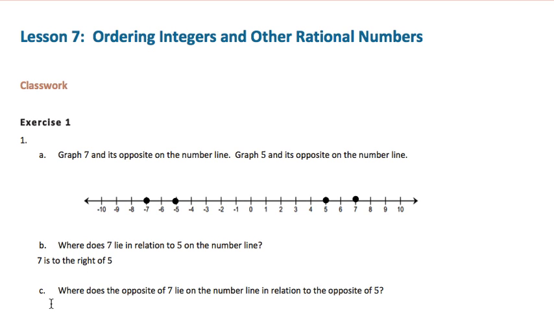Where does the opposite of 7 lie on the number line in relation to the opposite of 5? The opposite of 7, which is negative 7, is to the left of the opposite of 5, which is negative 5. So we'll say negative 7 is to the left of negative 5.